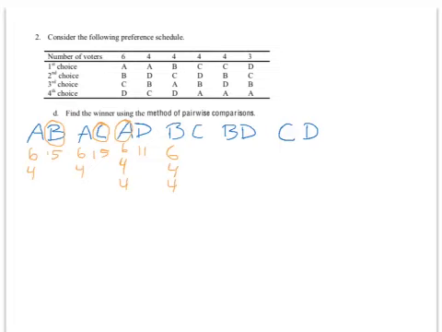In the fourth column, C is ranked above B, so we give those 4 votes to C. And in the next column and the last column, C is ranked above B in both of those, so we give those 4 and 3 to C. And B is going to win the matchup 14 to 11.